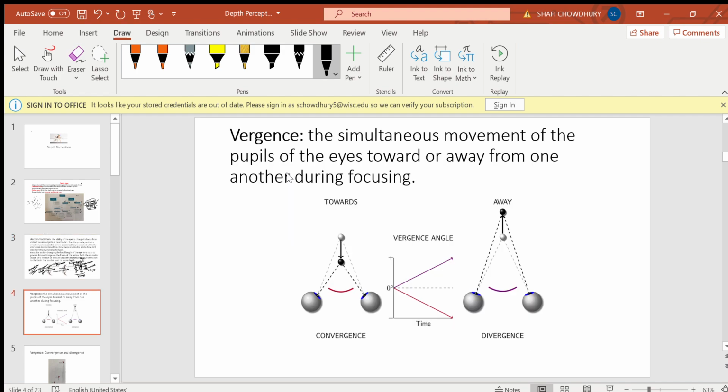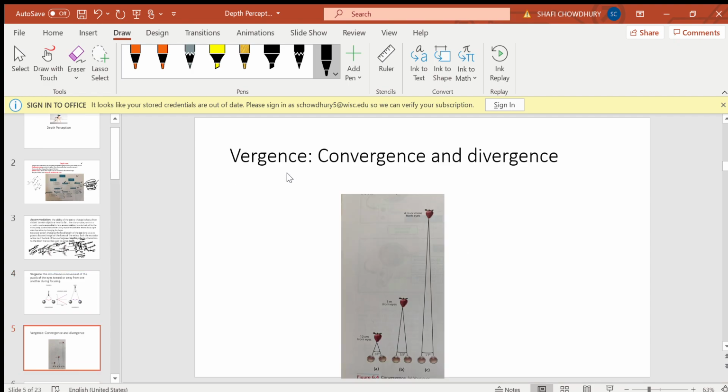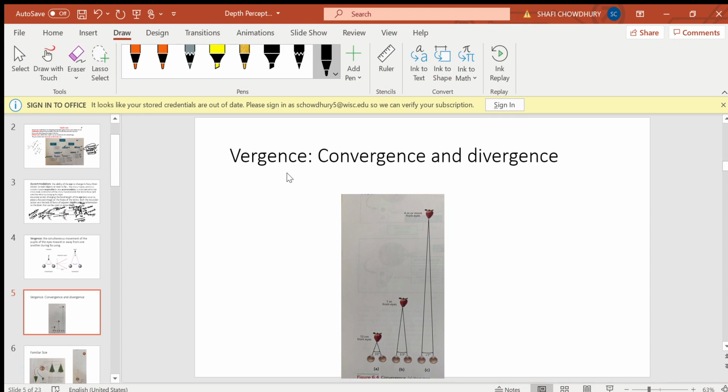Okay, so we already talked about the Vergence last slide. You see the angle changes, right? Here, in this case, you see the angle says 33 degrees. The object is only 10 centimeters away, so a lot of pressure on the ocular muscles.